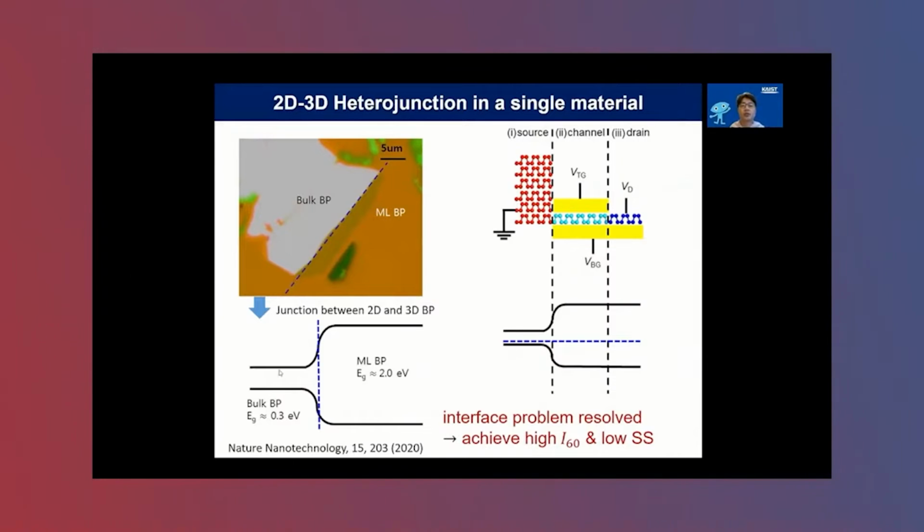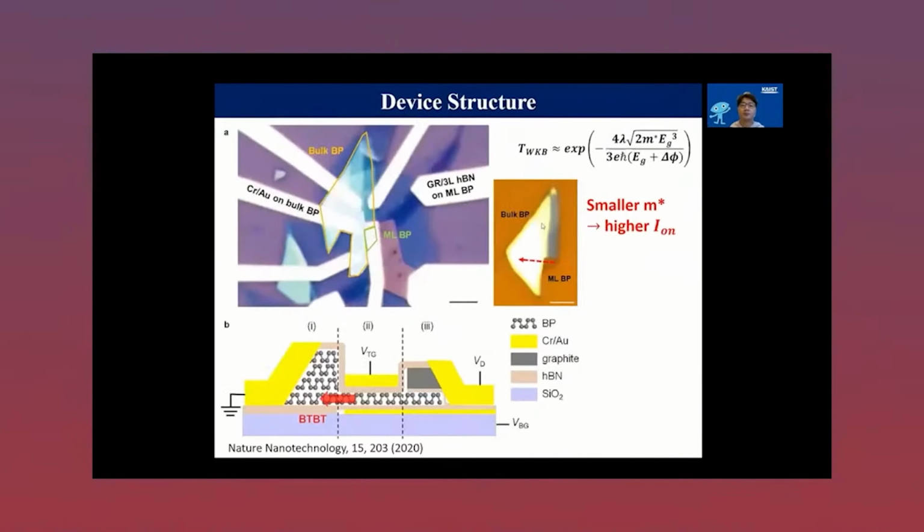It is a natural heterojunction, and if we use this, we can make a heterojunction TFET without the interface problem. So we fabricate the device with this BP having different thickness, and we use a graphite contact on the monolayer BP to avoid Fermi level pinning and so on.